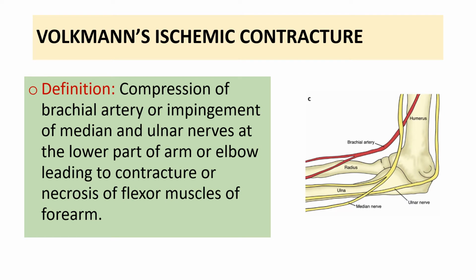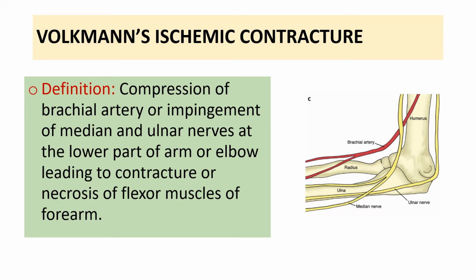Now let us see the picture. In this picture you are seeing the lower end of humerus, the upper ends of radius and ulna, and the relation of the brachial artery, median nerve and ulnar nerve in relation with the humerus, the elbow. Now let us define Volkmann's ischemic contracture.